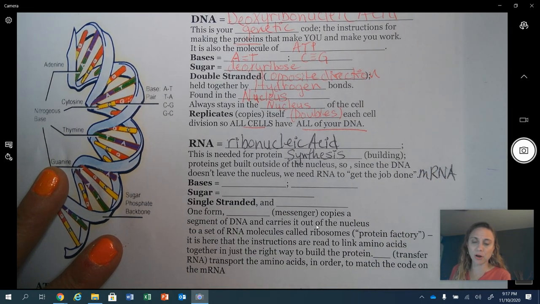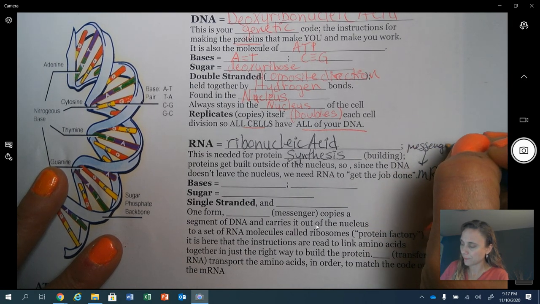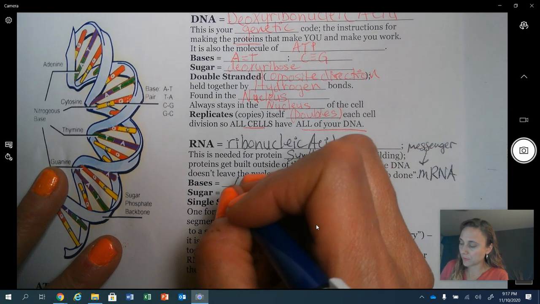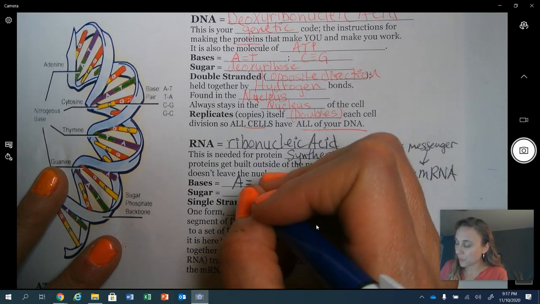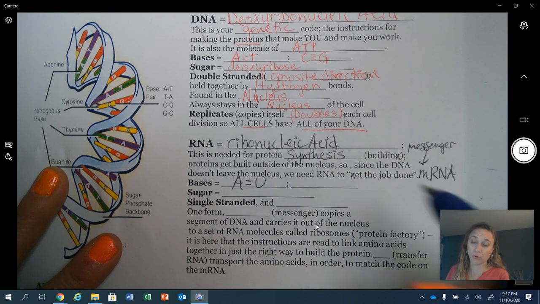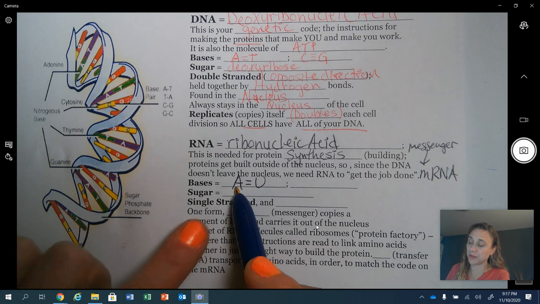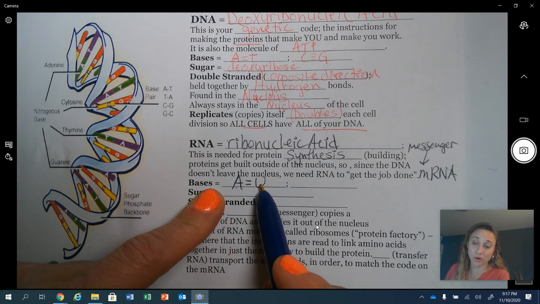So the bases of, oh, by the way, M stands for messenger. Sorry. This time, instead of the thymine, it's uracil. So if there was an adenine on the DNA, in the mRNA we would have created a uracil.